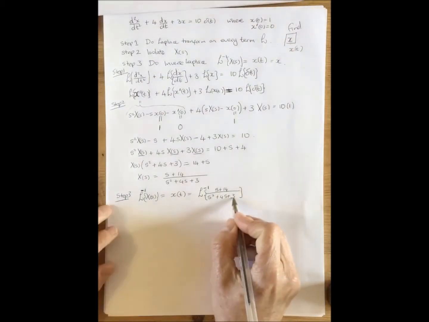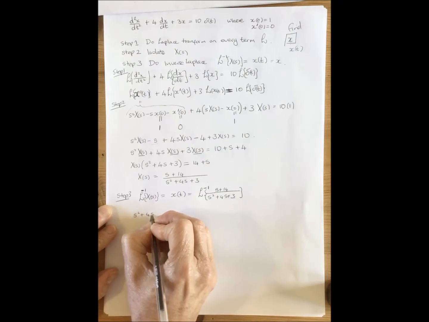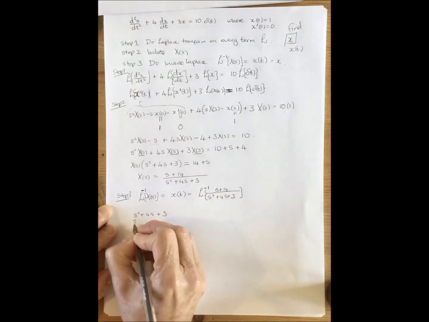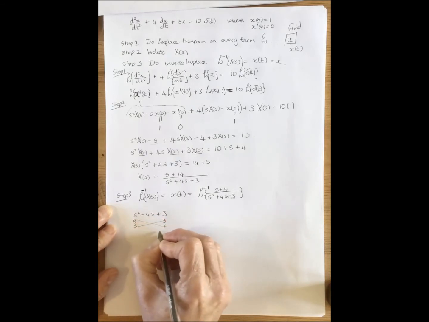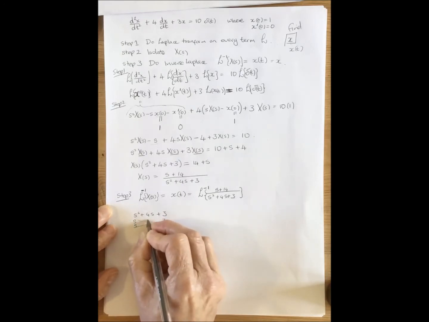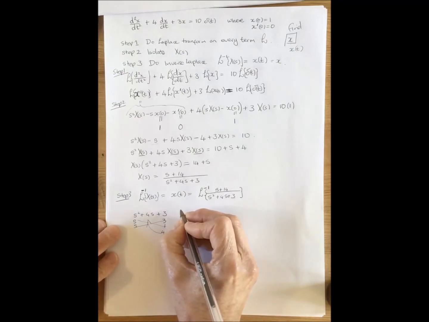Now, this does factorize, because s squared plus 4s plus 3: 3 times 1 is 3, and 3 s's and 1 s gives you 4, which is the middle one. Okay, there's different ways of doing factors, it's up to you what way suits you.